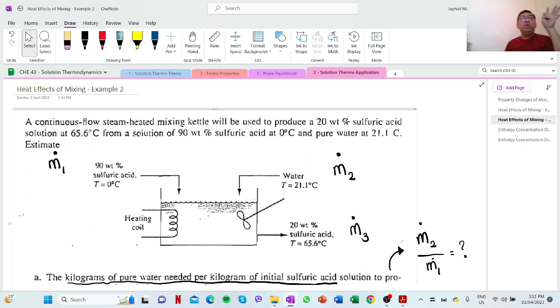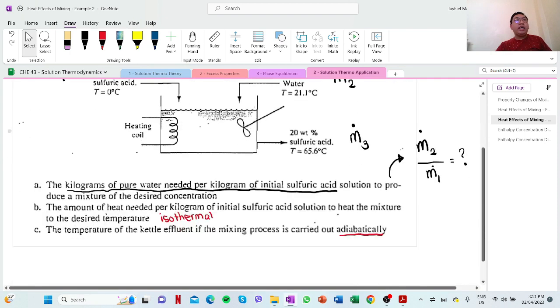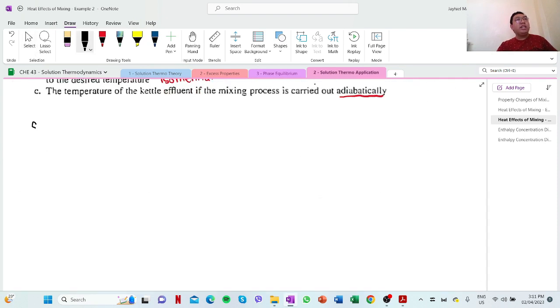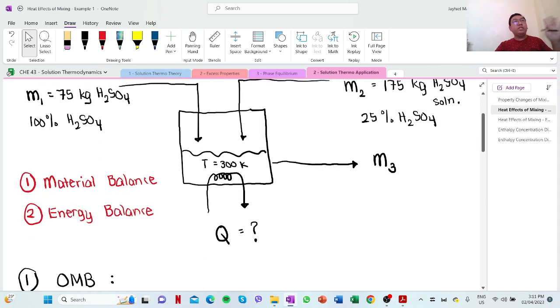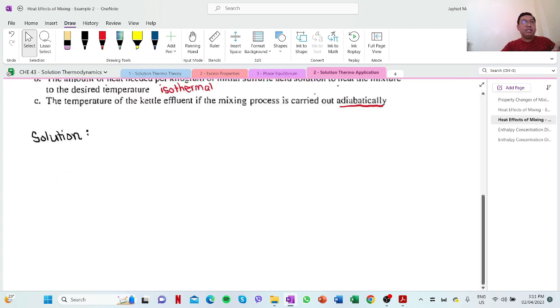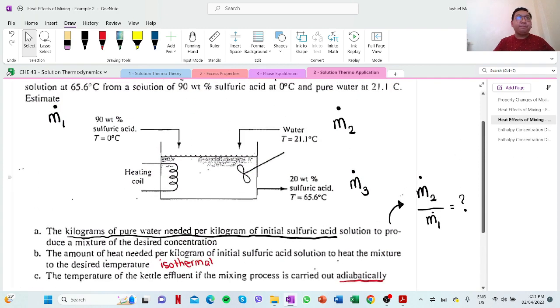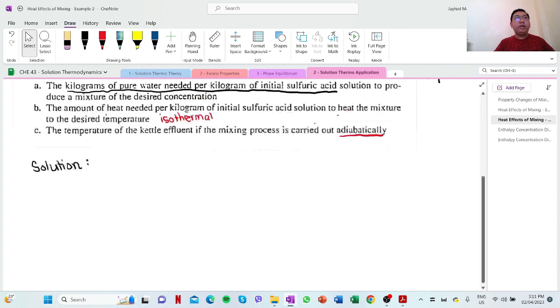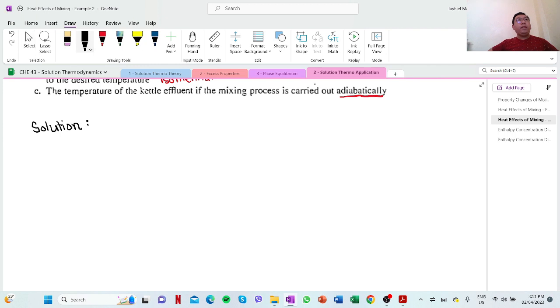What I plan to do is organize my solution based on what I discussed in the previous example, which is first establish the material balances and then establish the energy balances. Okay, so let's start.